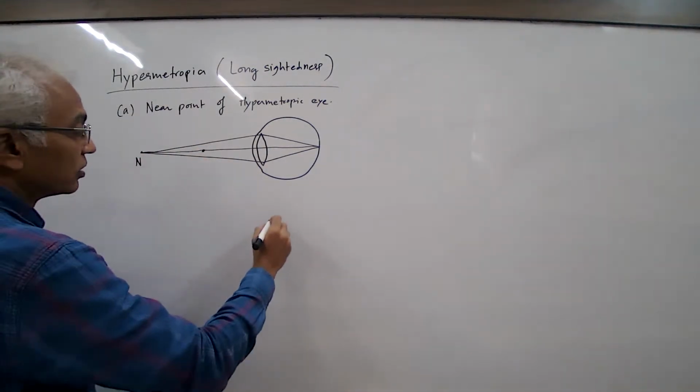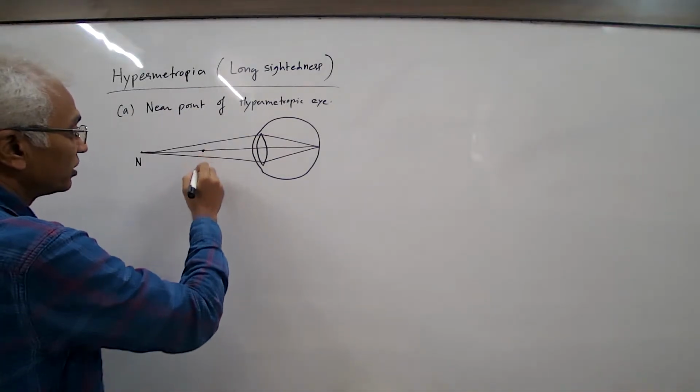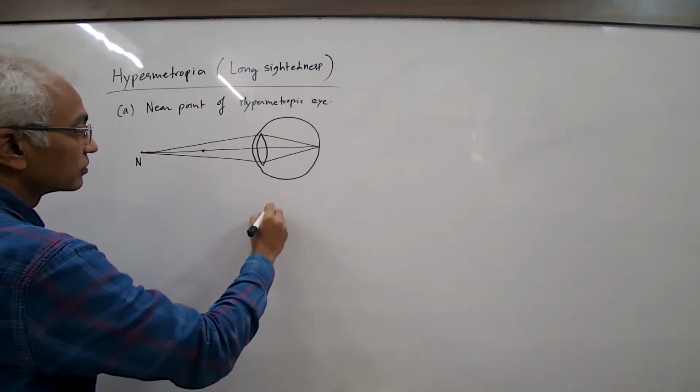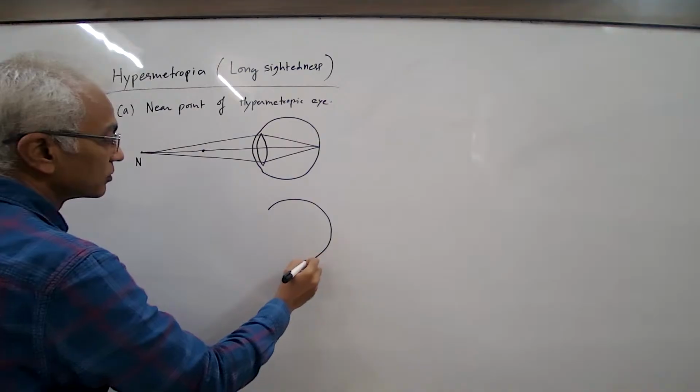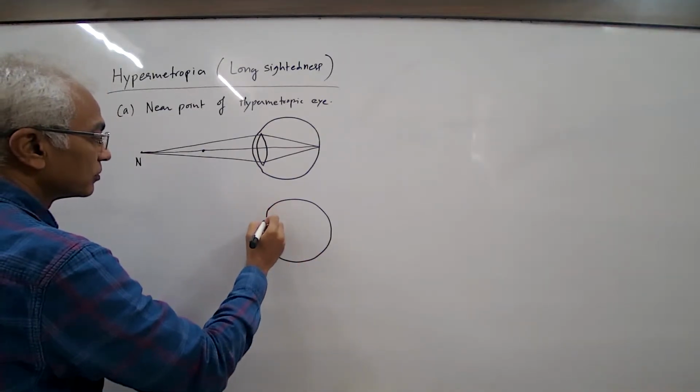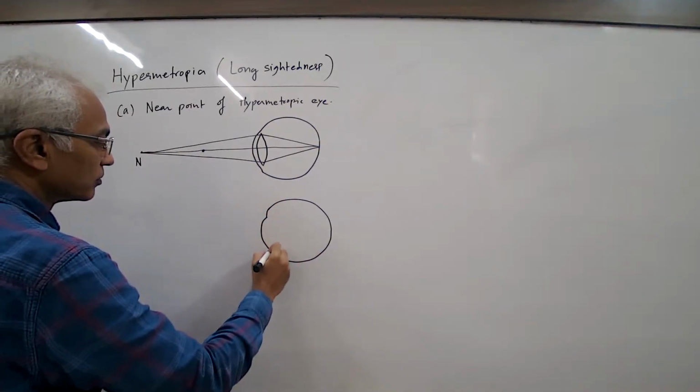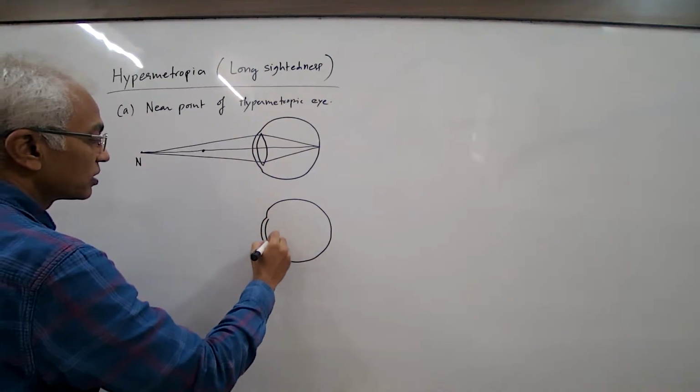If you try to keep the object here, see what happens. So this is the eye lens.